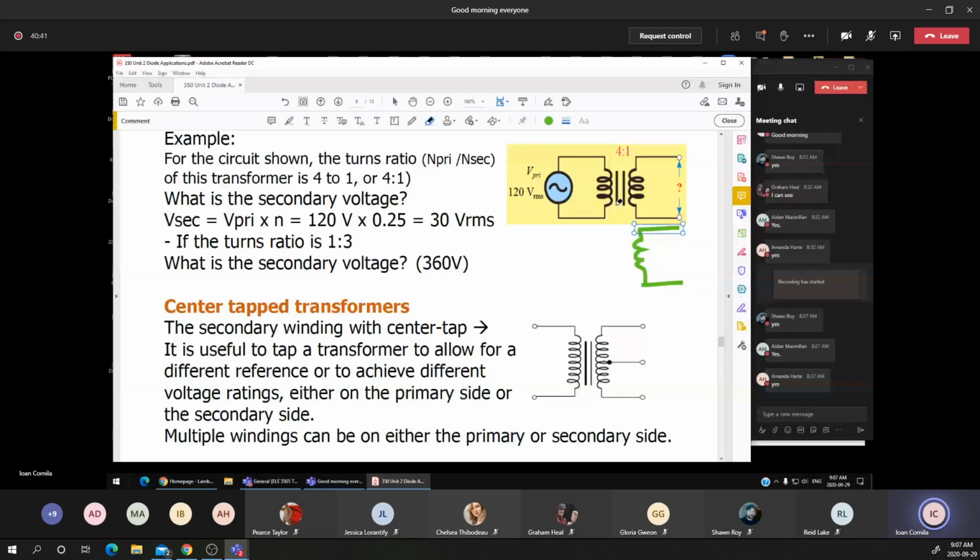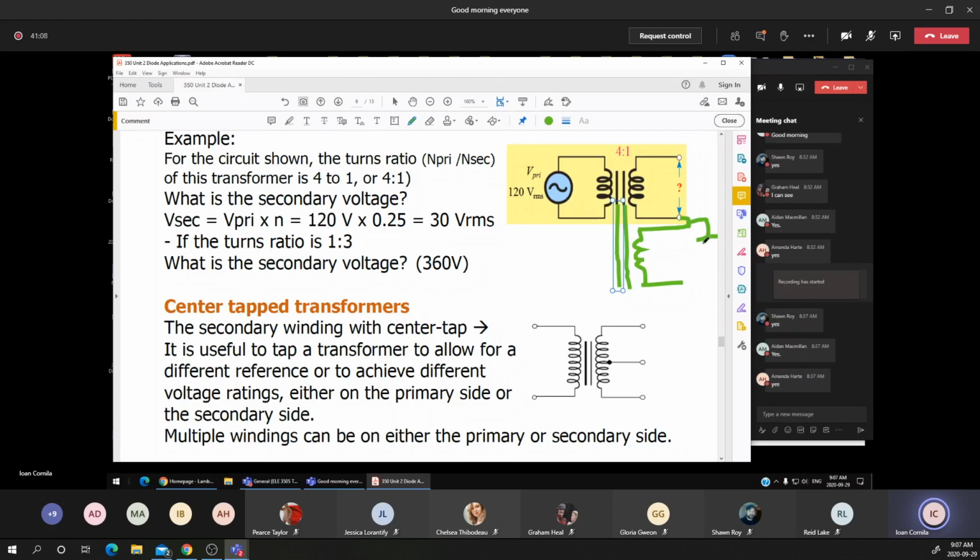That will be the symbol for the core, and I'll draw the other winding. That means two identical windings on the secondary of the transformer. I will connect the two windings together, and this common node I'll connect to ground. That's called a center tap transformer.